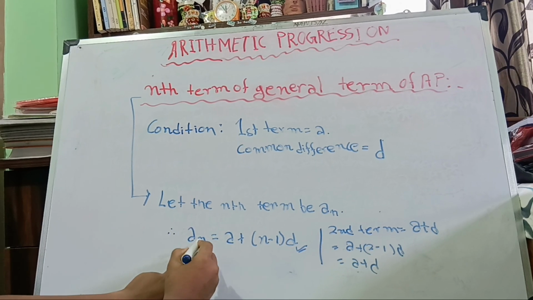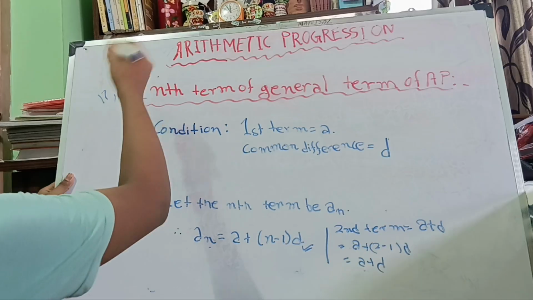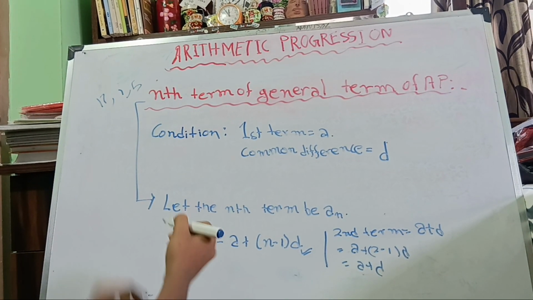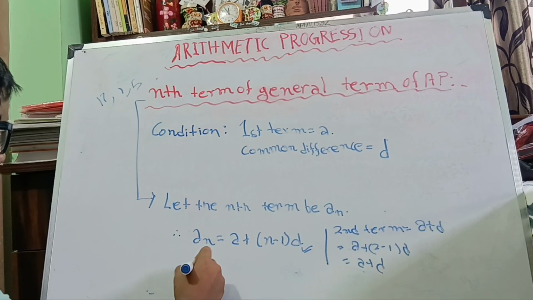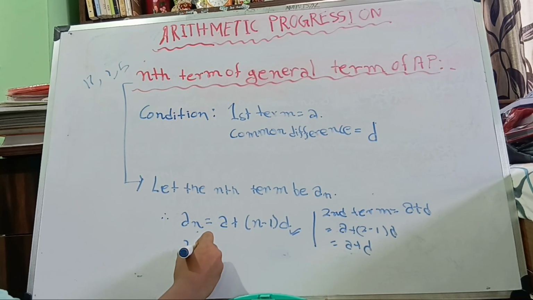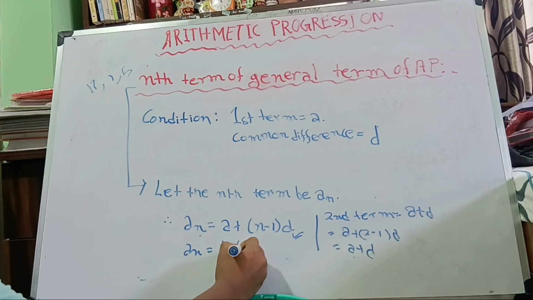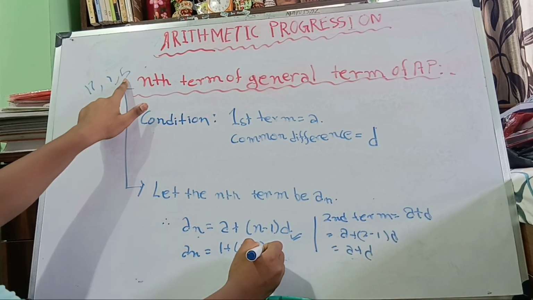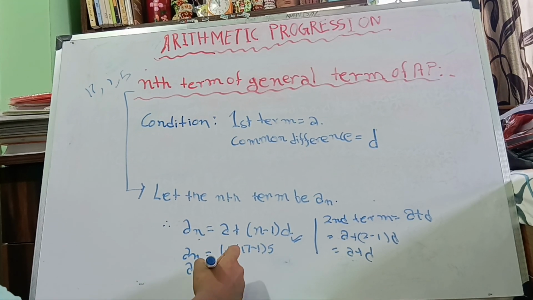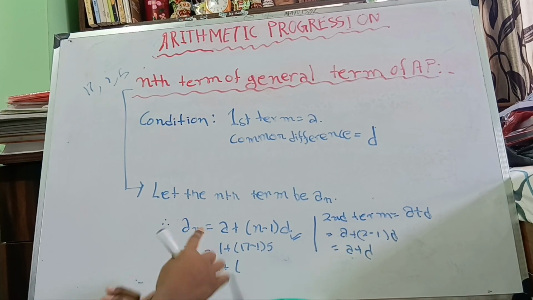If the question says find the last term of an AP, we will put the value of n. Suppose n is 17, the first term a is 1, and the common difference d is 5; we can find the last term. Then an is equal to 1 plus 17 minus 1, times 5.